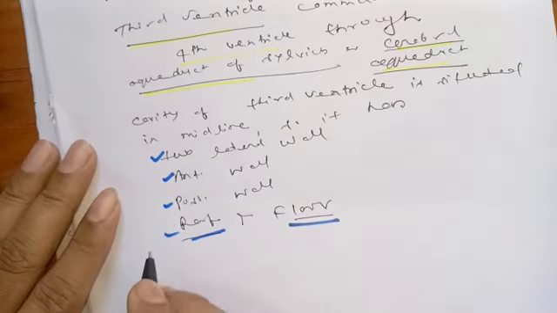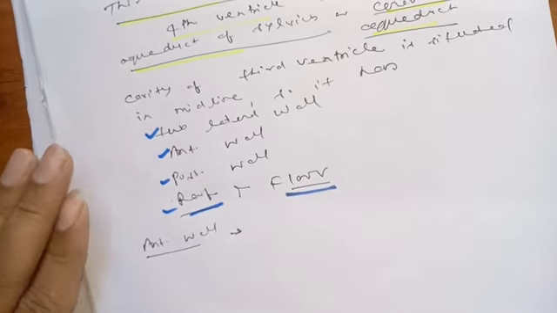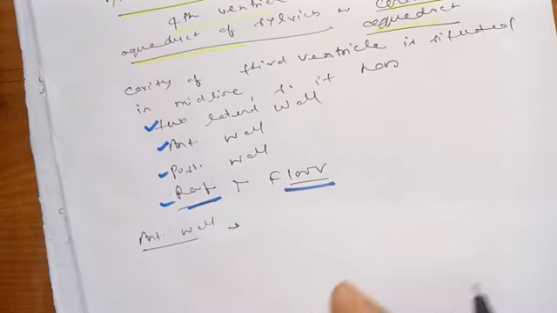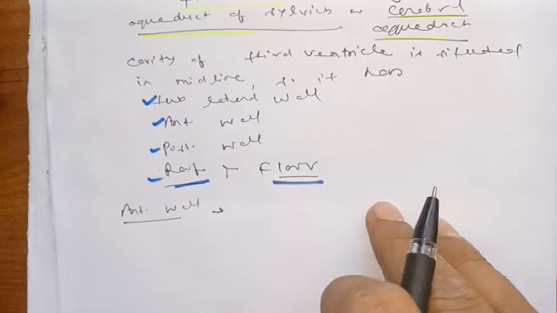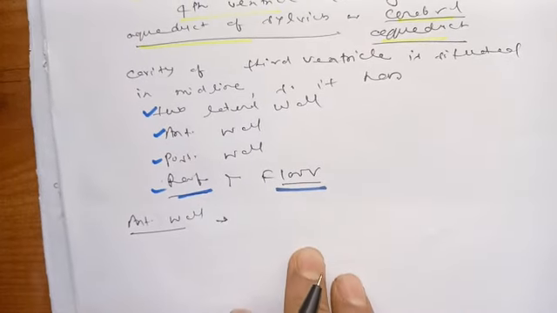We can easily understand the different walls of the third ventricle with the diagram of the sagittal section of the cerebral hemisphere.